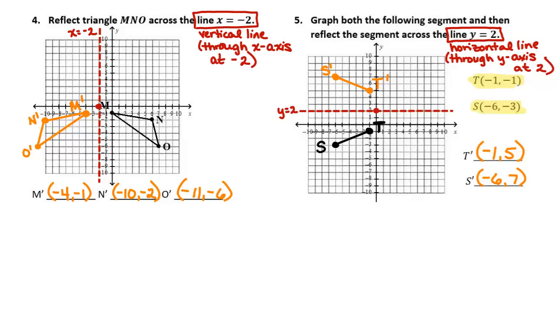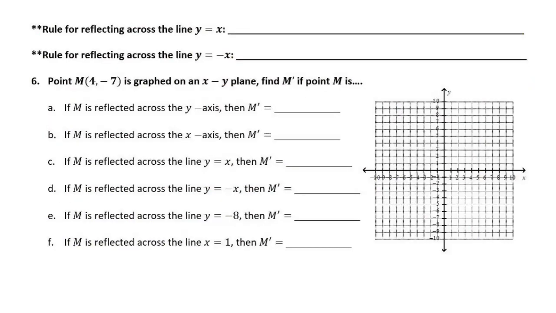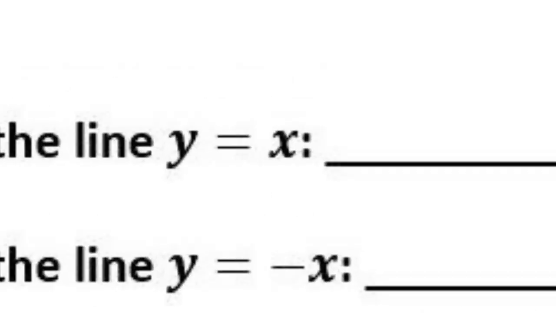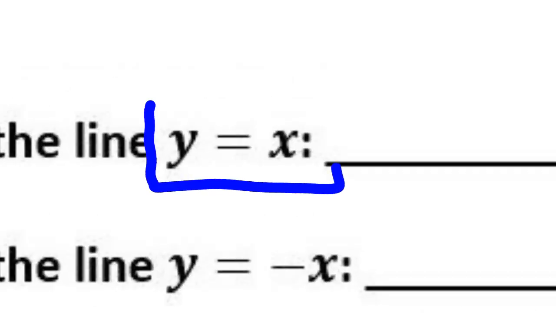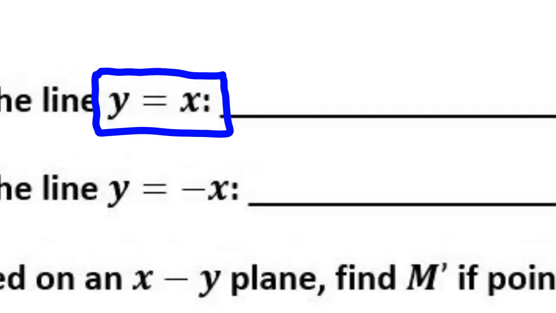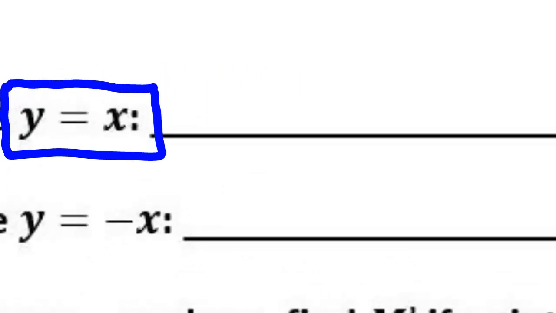Let's flip the page. Look at page 4. Rule for reflecting across the line y equals x. Y equals x is a diagonal line that starts in the lower left corner and goes up to the upper right corner.